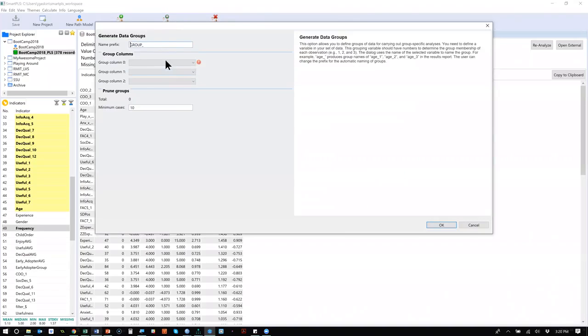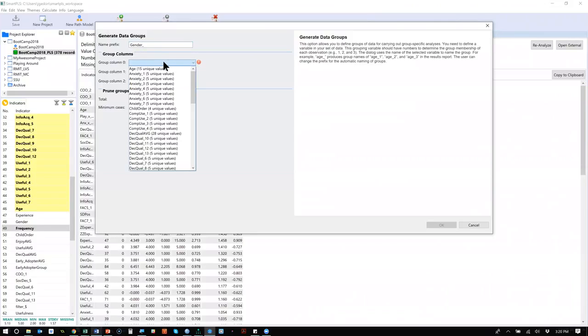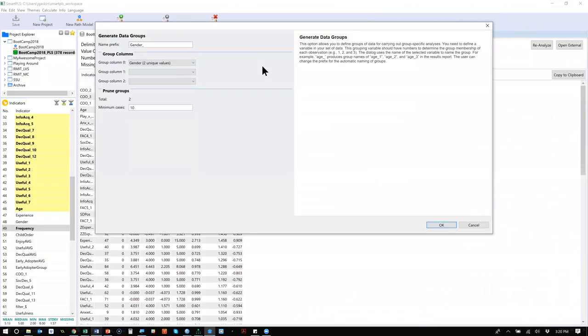and I'm going to have the prefix be gender underscore. And I'm going to get it from gender here. This is alphabetical order, so just go find gender right here, 2 unique values. And that's it, actually, just that.